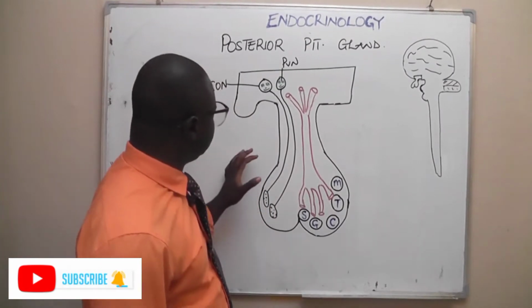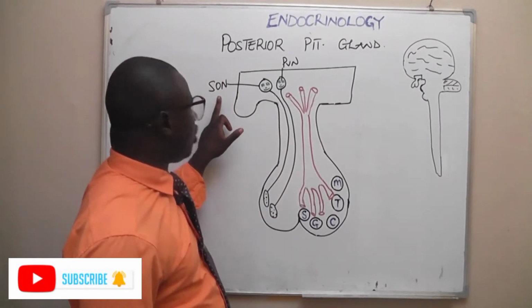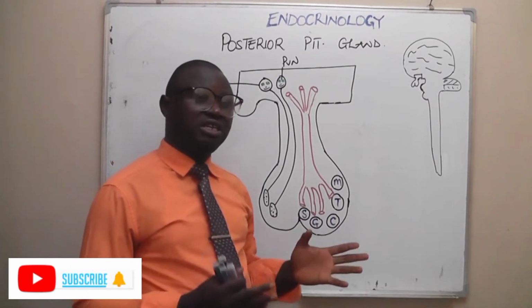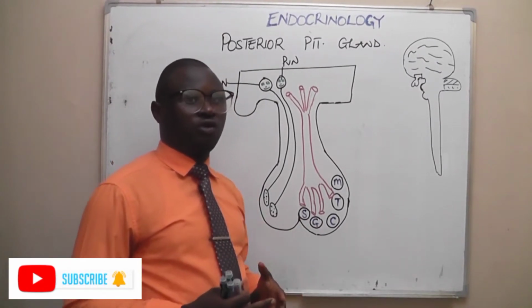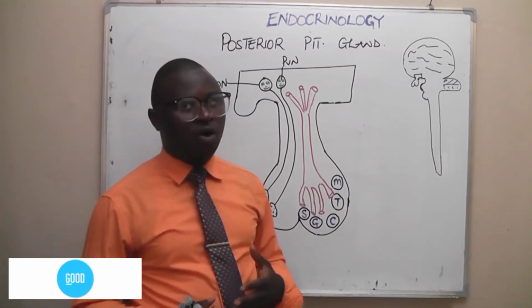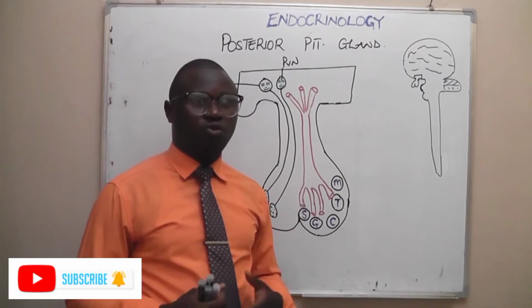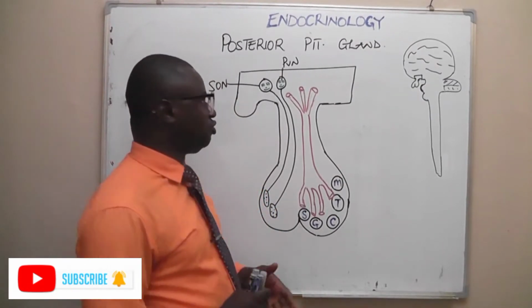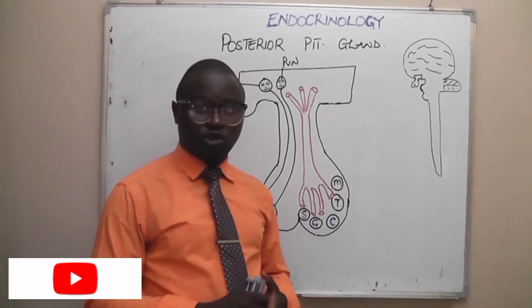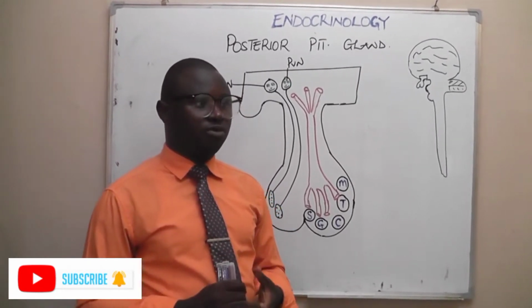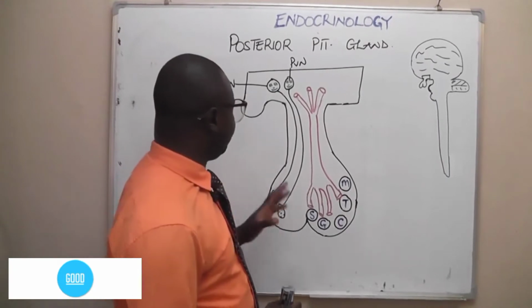And then we said that the supraoptic nuclei produce ADH, where ADH is responsible for regulation of blood volume. How? By helping the kidneys to reabsorb water. And then it also helps to reduce the osmotic pressure, which is the viscosity or the thickness of the blood. So those are the functions of ADH.